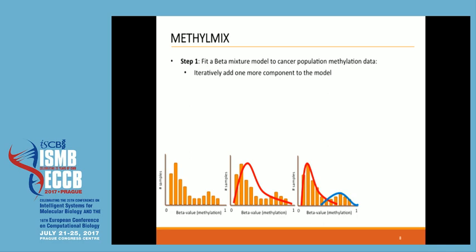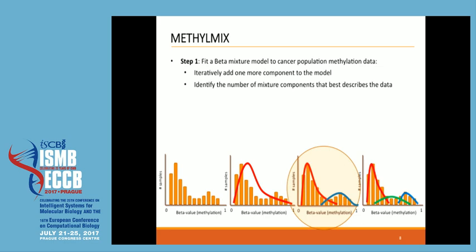And then it will use Bayes information criteria to compare the goodness of fit between these two models. If the model with two components better fits the data than the model with one component, we'll scrap the model with one component, and then we'll fit another model with three components to identify three different subgroups, and again, we'll compare the goodness of fit. In this way, the model actually learns the best number of components, which correspond to the best number of subgroups of individuals with different methylation states for each gene.